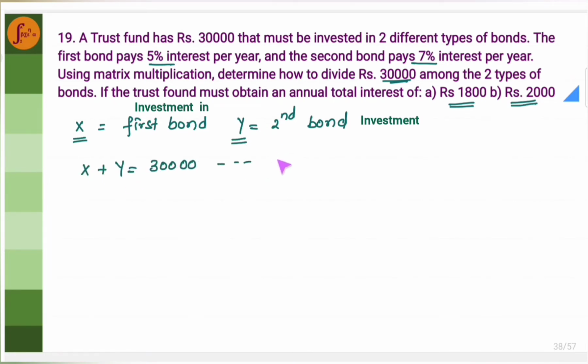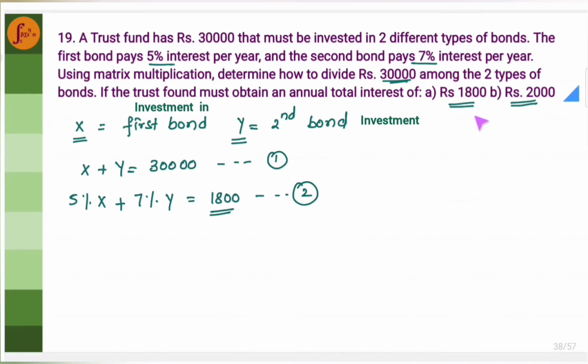This is one equation. The second one is 5% interest per year on the first bond and 7% on the second bond. When you add both of these, you should get an interest of 1,800 rupees. This is the second equation, right? We are trying to find the split between both the bonds to receive an interest of 1,800 rupees.